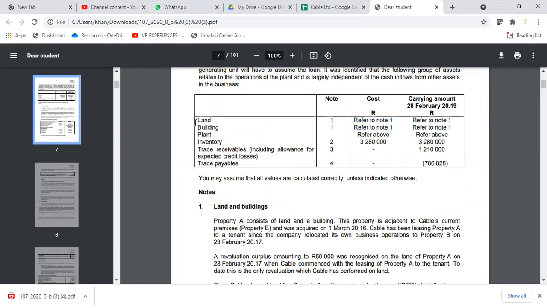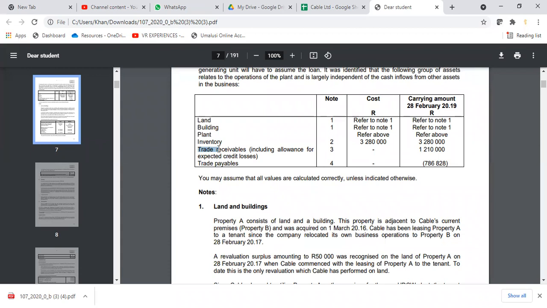And remember, it is only these 3 assets that actually fall under IAS 16. Inventory does not fall under IAS 16; inventory falls under IAS 2. Trade receivables don't fall under IAS 16; trade receivables fall under financial instruments, IFRS 9.